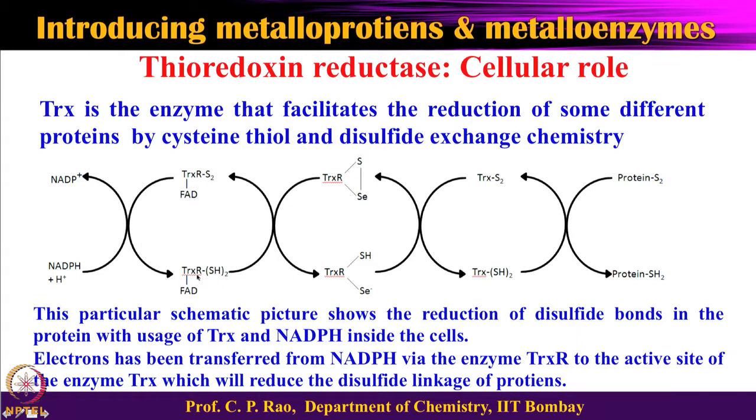Now, it is reduced, but it has not come into the catalytic cycle until you put it into this. So, this is coupled, because this one gives to this one, but this has to go back to this.